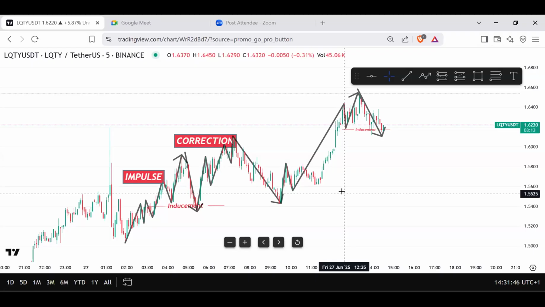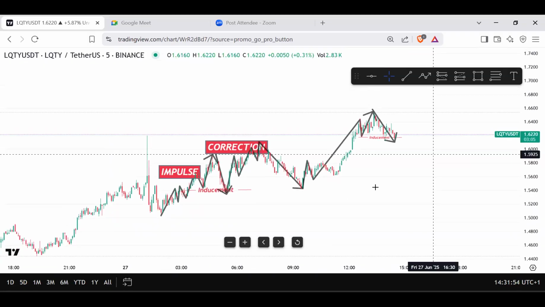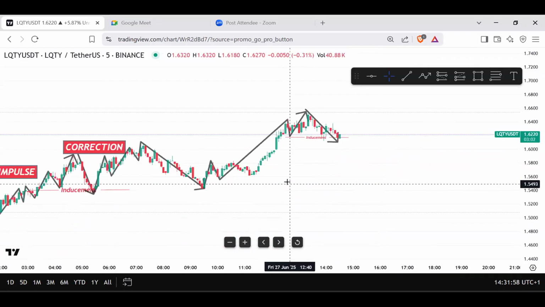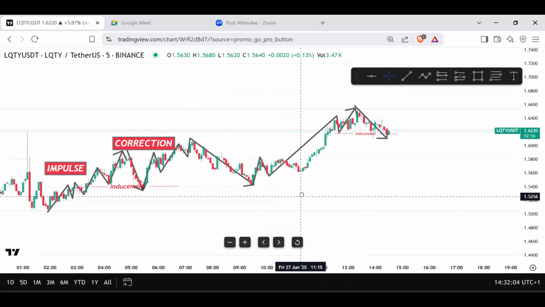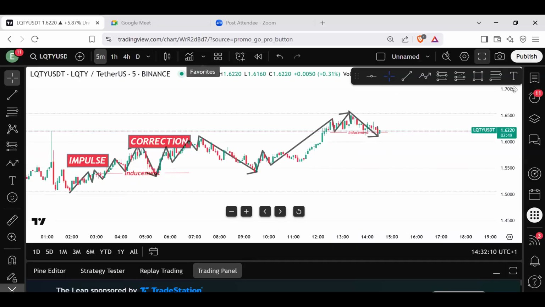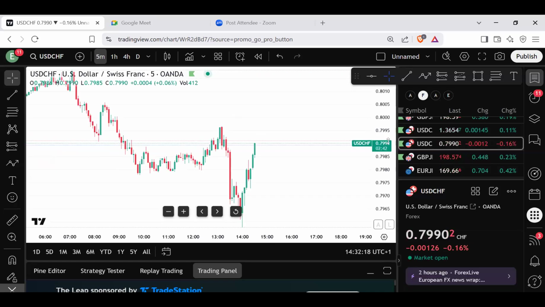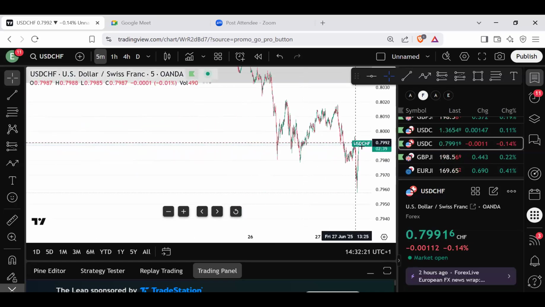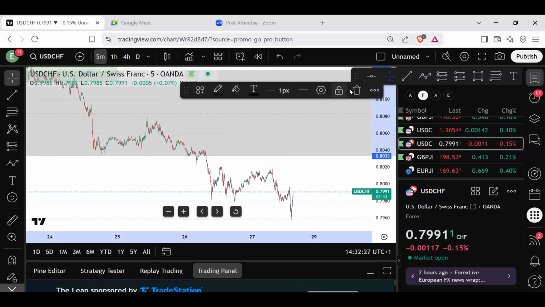Can we see this in a downtrend scenario also? Yes, we're going to look at it. I think the market is currently bullish in crypto. Let's look at Forex.